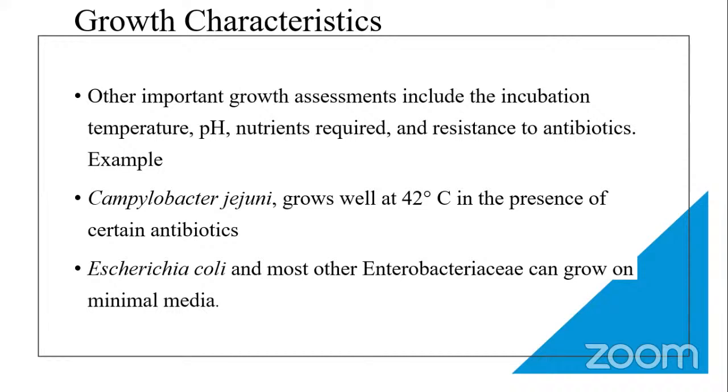Then nutrient requirement. Some organisms can grow in minimal medium. That is, they can grow in a medium that does not have the sufficient carbon sources required for the average organism to grow. Such organisms are in the environment; they are so rugged, they are found almost everywhere. An example is Pseudomonas aeruginosa. This particular bacterium can grow inside distilled water.